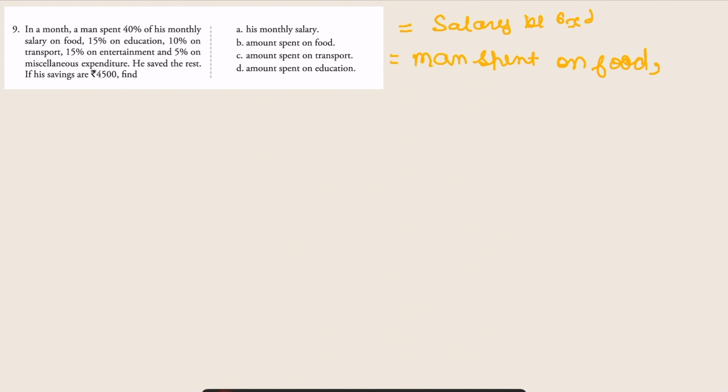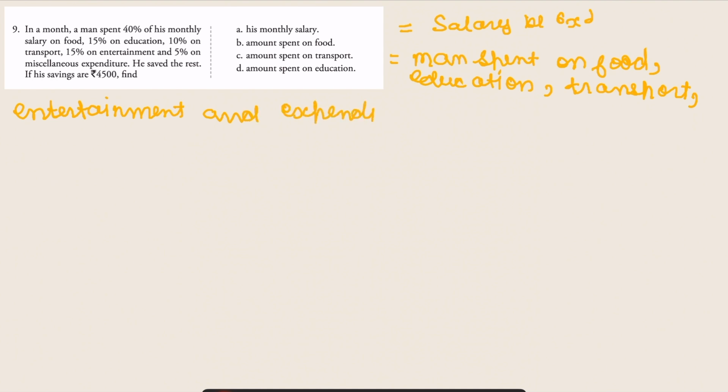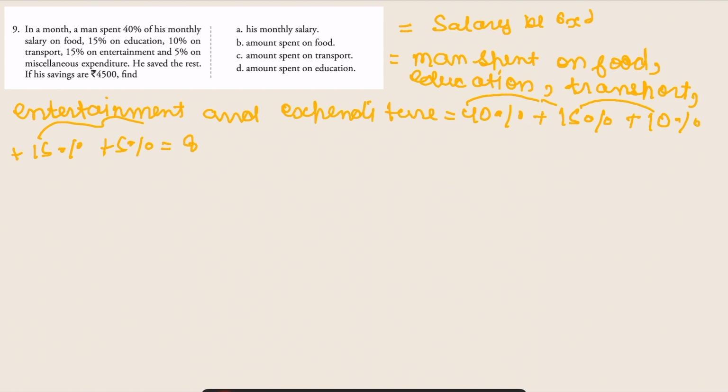The total expenditure is equal to 40% plus 15% plus 10% plus 15% plus 5%, which will be 85%.